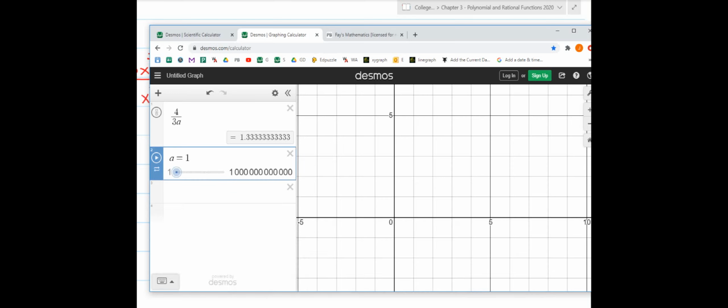So what's that? Trillion. Okay. As I do this and I start to evaluate as a starts moving, what does this number here get closer and closer to? Yeah, it's getting closer and closer to 0, right?